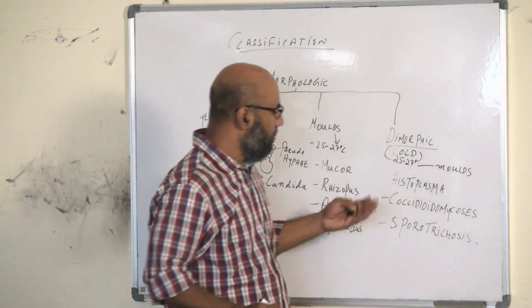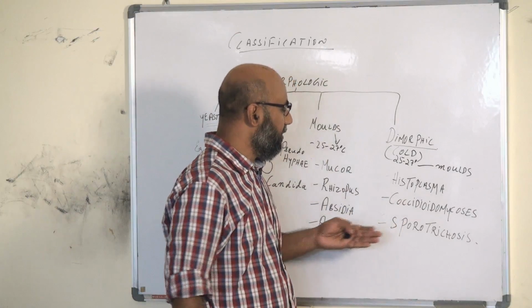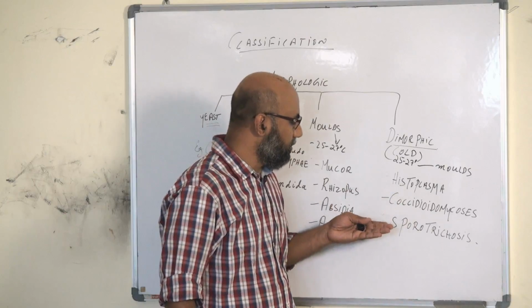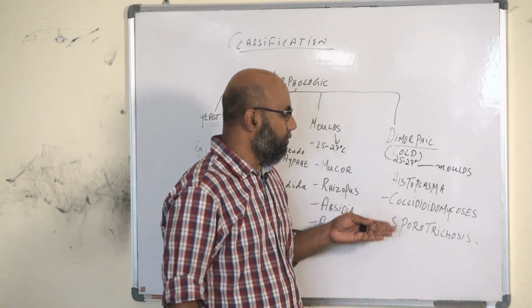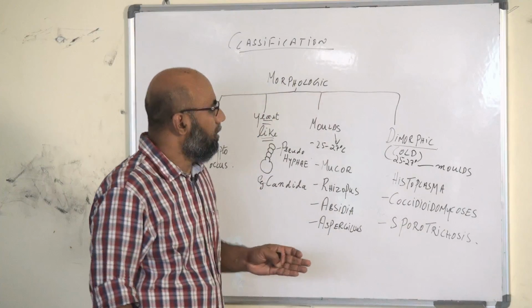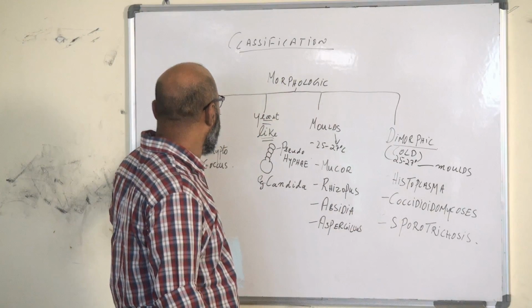There are many examples of the dimorphic fungi. These are three of them: the histoplasma, coccidioidomycosis, and sporotrichosis. Okay, so this is as far as the morphological classification of fungi are concerned.